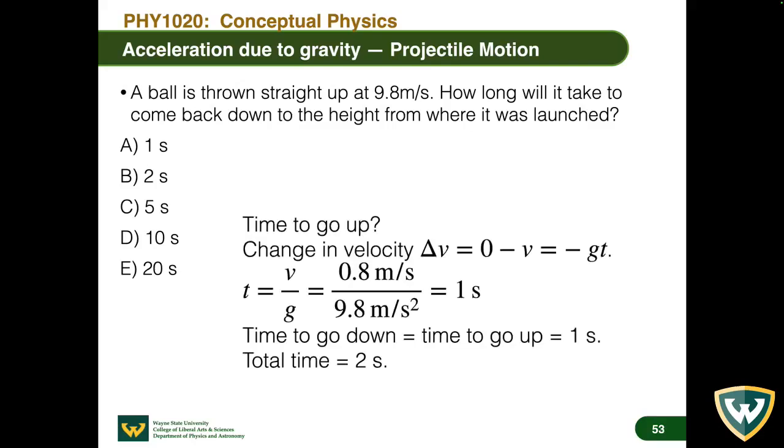Time to go up. Well, it's a change in velocity. 0 at the top minus the initial velocity. And this is going to be equal to the acceleration times t. The acceleration is minus g, right? Minus 9.8. So the t is v over g numerically.